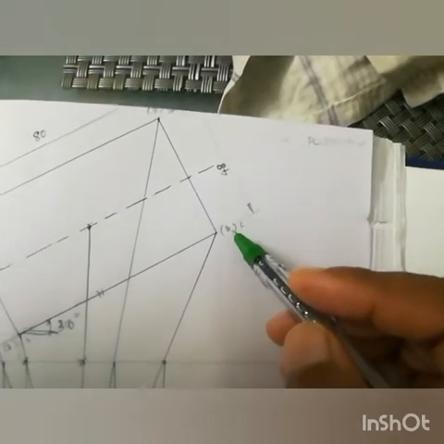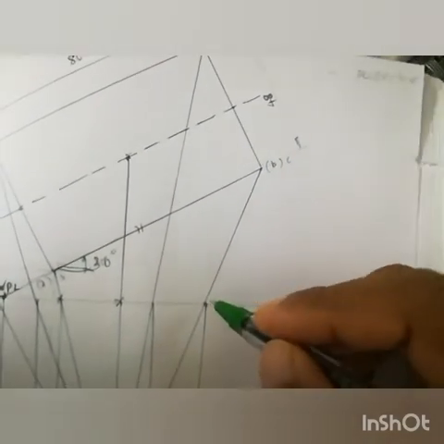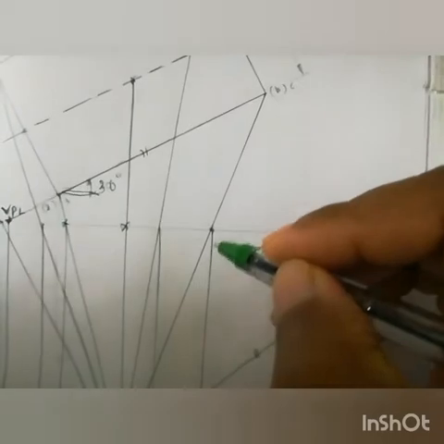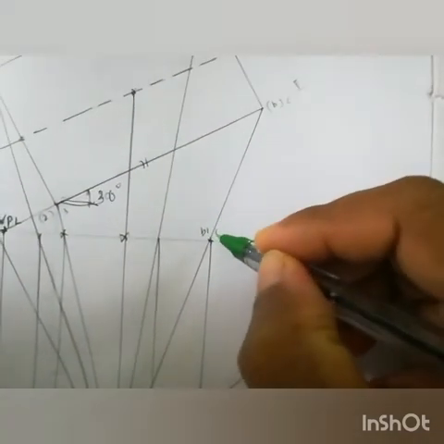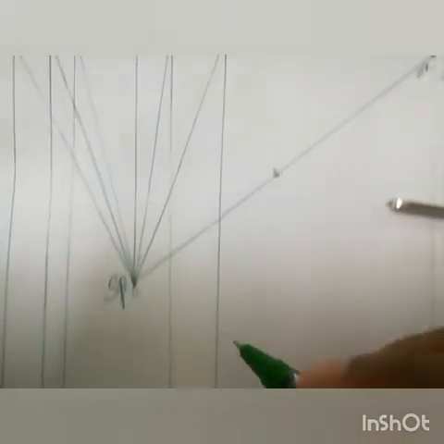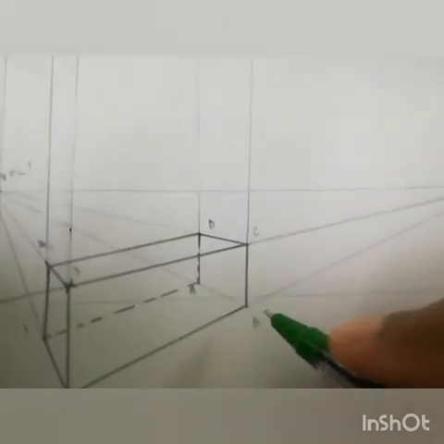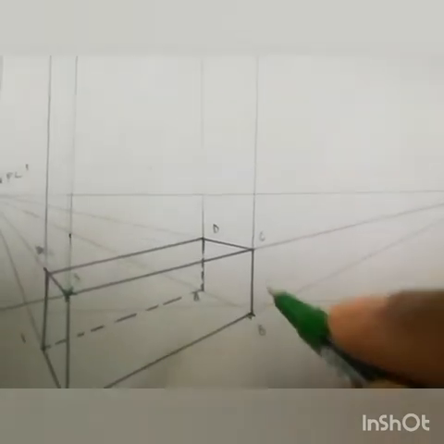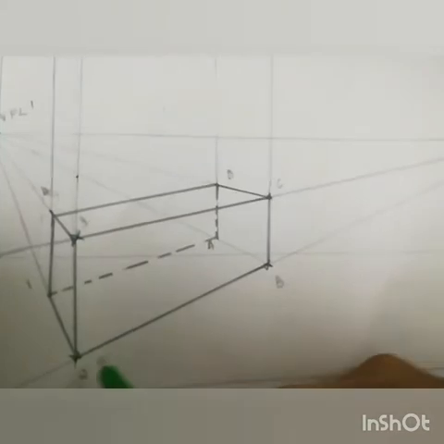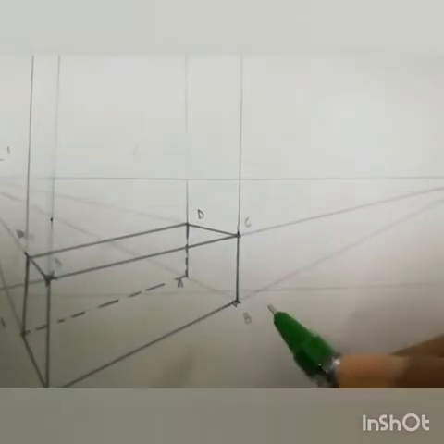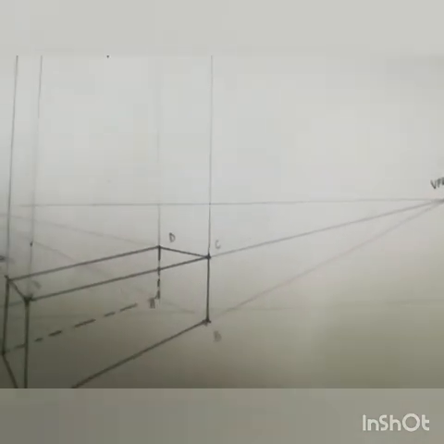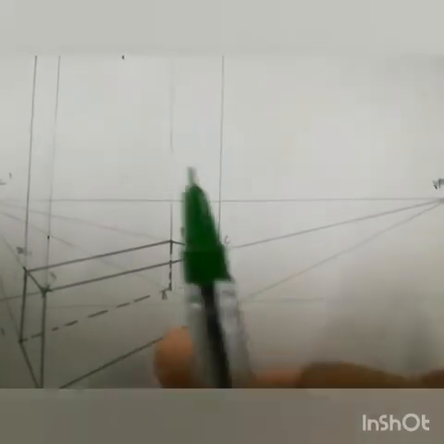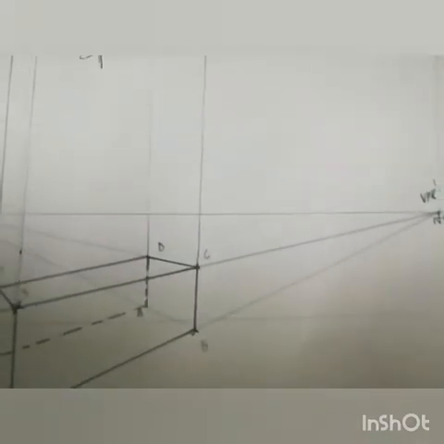So here it is meeting. From there this may be B1, this may be C1. Drop downward so that you are getting this point B, this point C. So the 2, 3, BC face is obtained on two lines drawn to VPR dash.